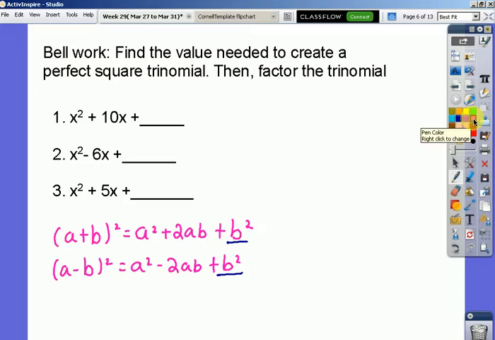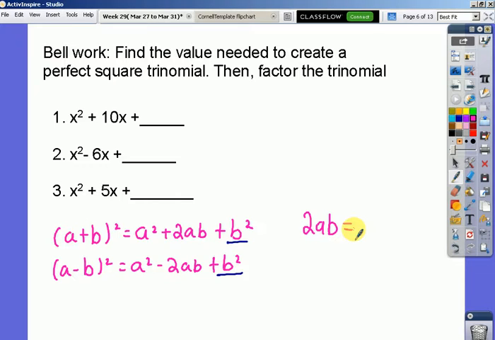So how should I start number 1? Any idea? Well, do I know a squared? Yeah. So do I know the value of a? Yes. So can't I say 2ab, right? So what is 2ab going to be set equal to? 10.